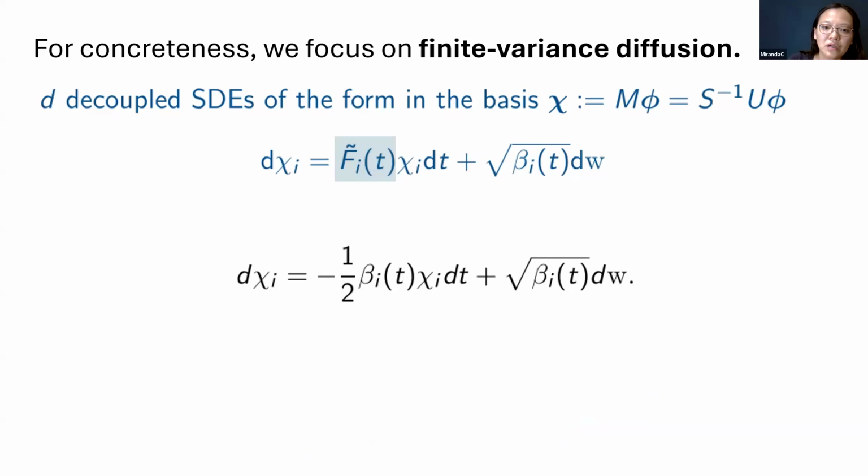So for concreteness, we'll again focus on finite variance diffusion. So that means that this scalar f tilde will take a specific form here. Okay. So now I'm writing down this simple decoupled SDE in my new, rotated basis.